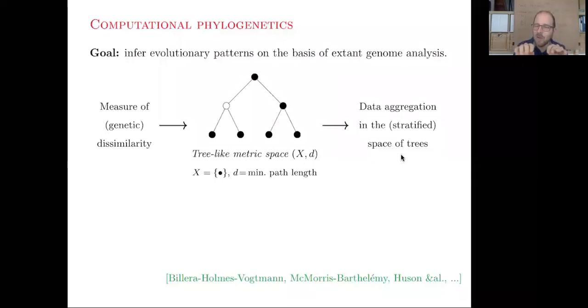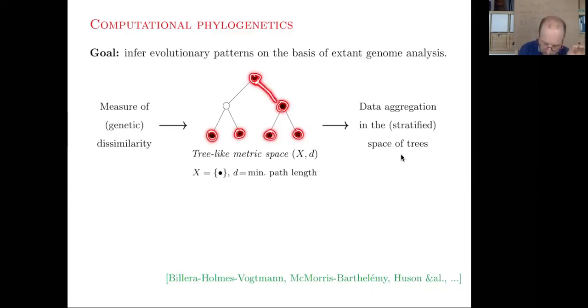So let's say we choose one gene and look at different appearances of this gene across different species, and biologists can give us a measure of dissimilarity among these genes. What's a way for us to represent this dissimilarity? Well, we can think of the different appearances of our gene as some black dots, and the measure of dissimilarity we can understand as a distance function.